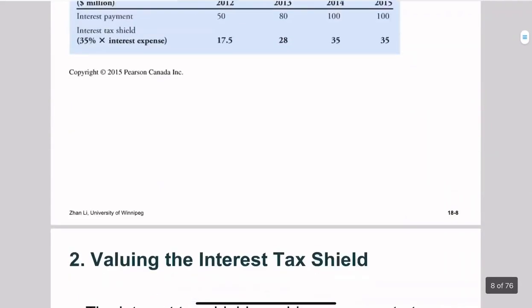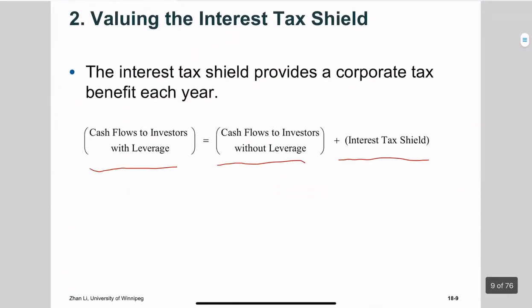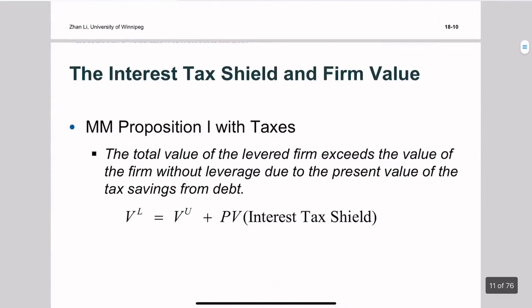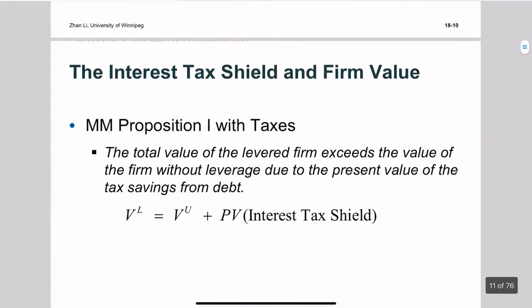An important question is, how do you exactly calculate the value of interest tax shield? A related question, obviously, is how do you calculate a firm's value when this firm is using debt, right? So that is our task today.